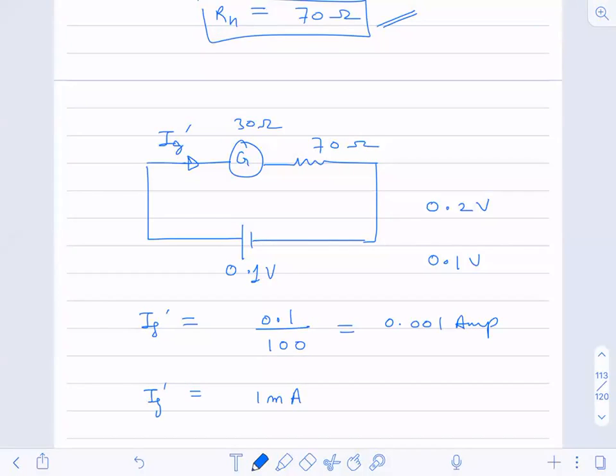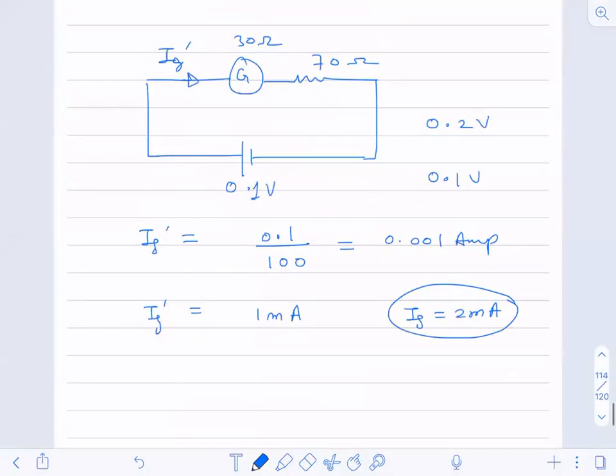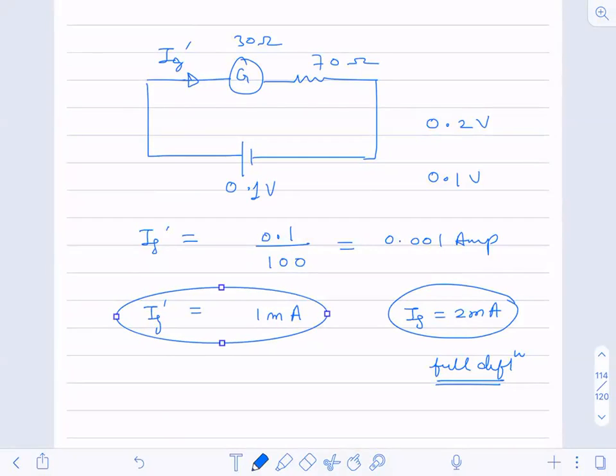Initially, what was the Ig value? 2 milliampere. So at 2 milliampere, it was showing you full deflection. Will the same galvanometer or voltmeter show full deflection here? No, it will not give full deflection.